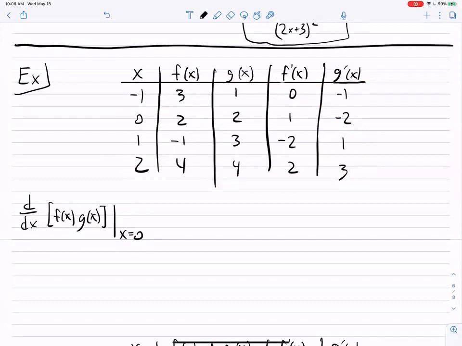So we know that this is equal to, by the product rule, f prime of x times g of x plus f of x times g prime of x. But because we're evaluating it at 0, we plug in 0. And so it's f prime of 0 times g of 0 plus f of 0 times g prime of 0.